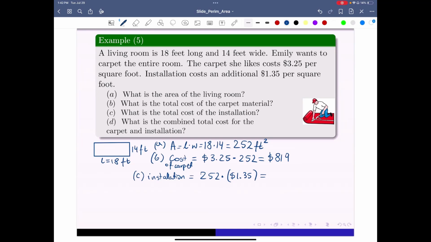If I multiply this, I'm getting 340.20 for installation. So then I can add my total. I can add 818 plus 340.20, and if I add this together to get total cost, would be 1,159.20. So the total cost of placing the carpet in her living room is 1,159.20.